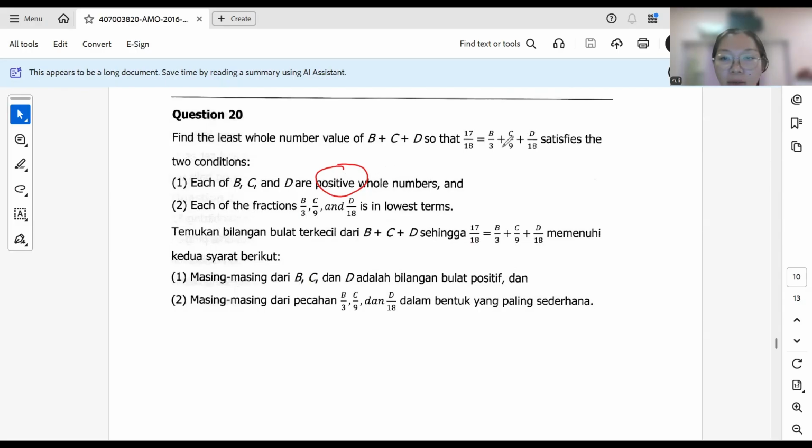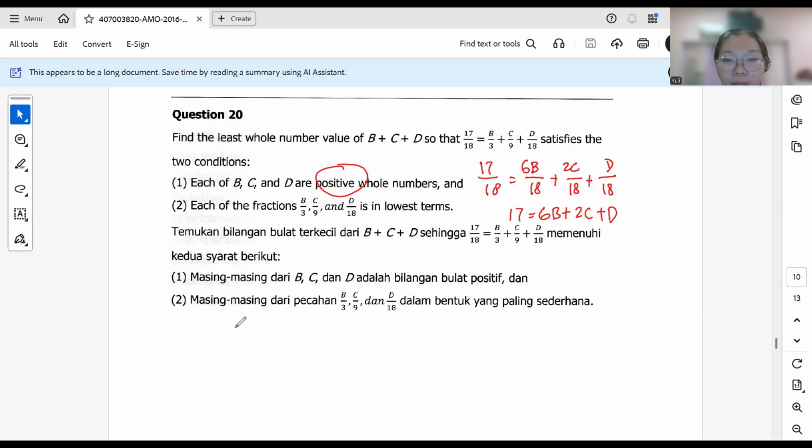So first, find the greatest common multiple. So that means 6B plus 2C plus D need to be 17.